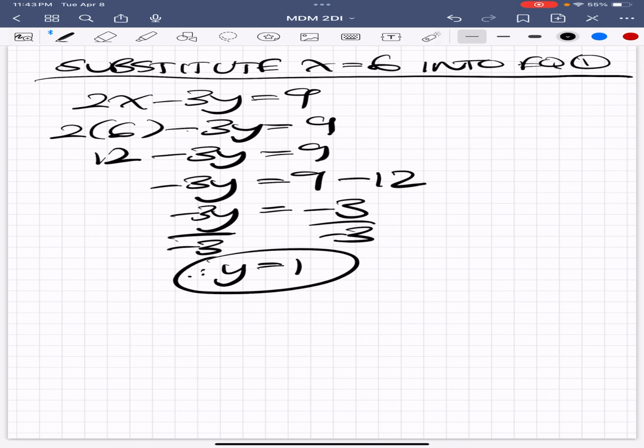So we have our y coordinate, which is y equals 1.